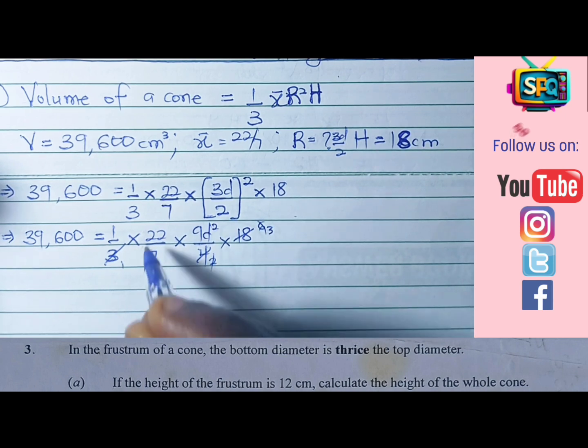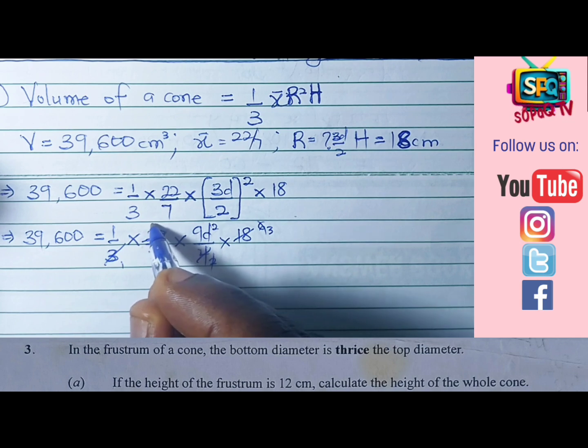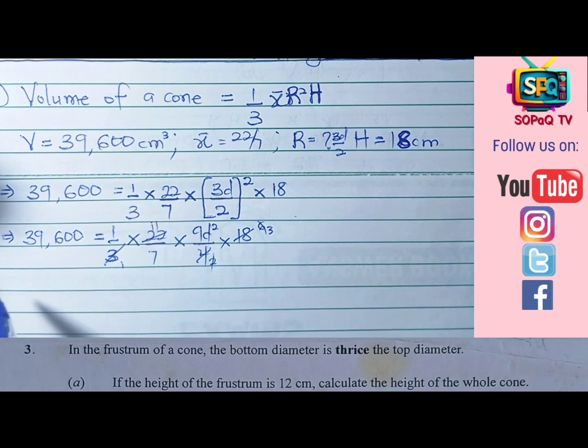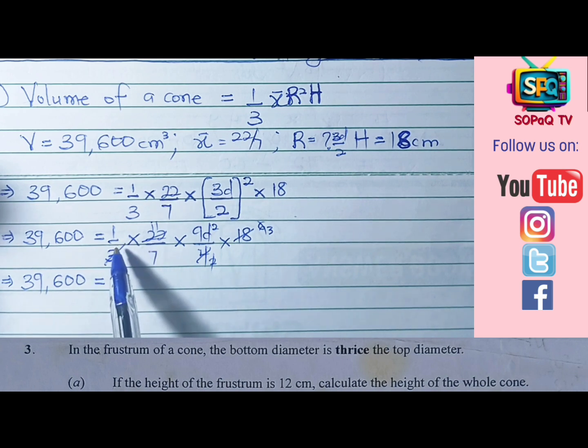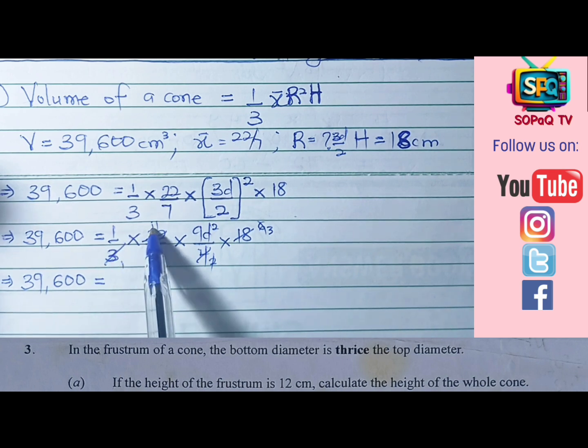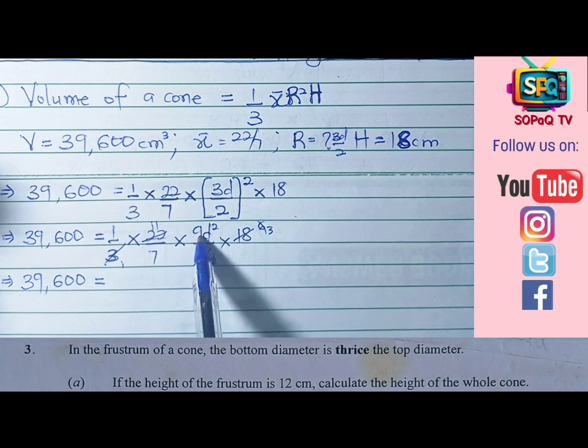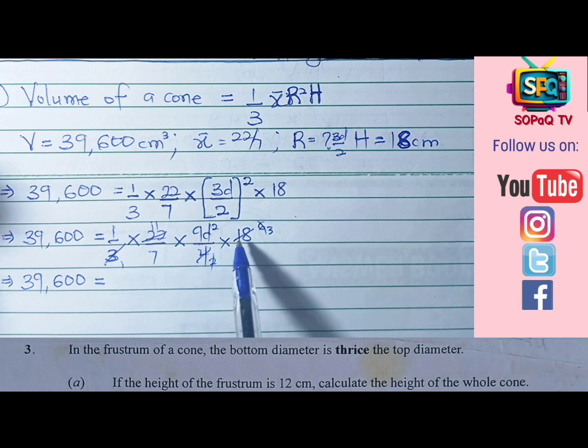And 2 can also cancel 22 to give us 11. So we end up getting 39,600 equals, our numerator will become 1 times 11 times 9, 99, times 3.